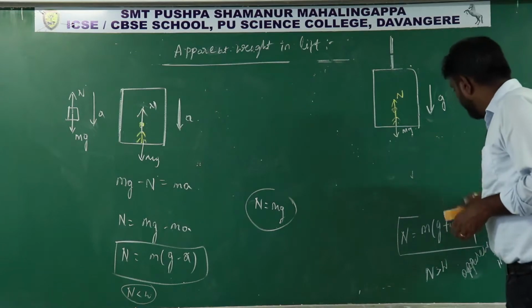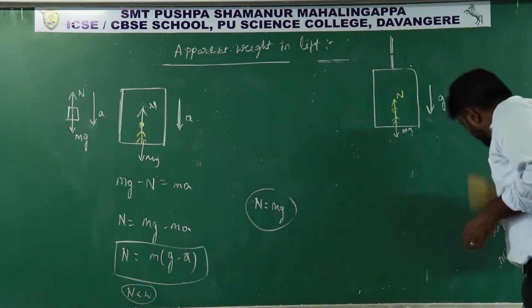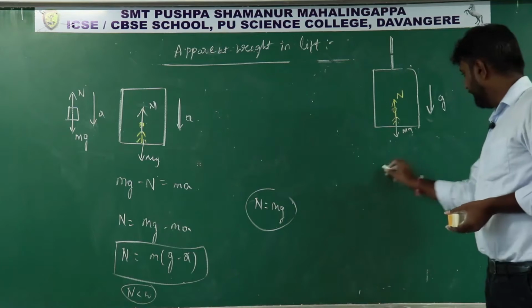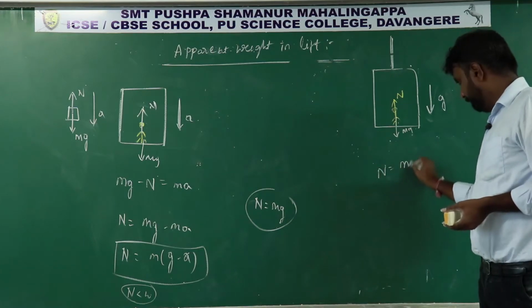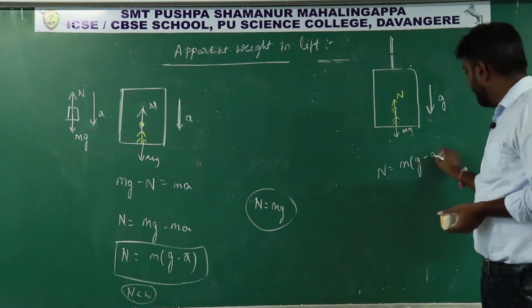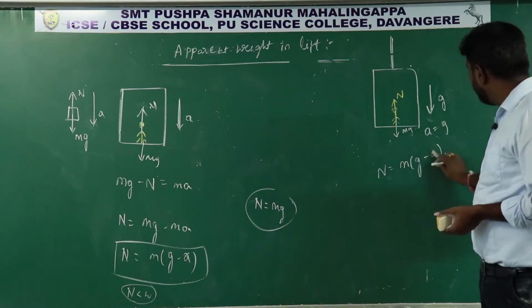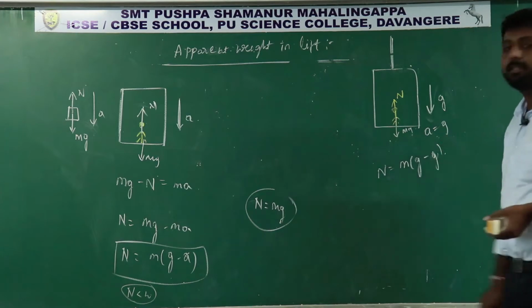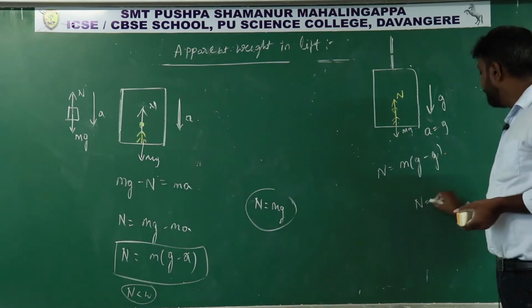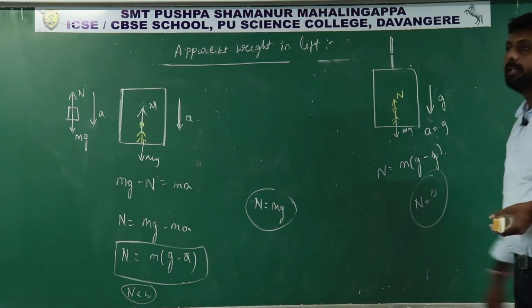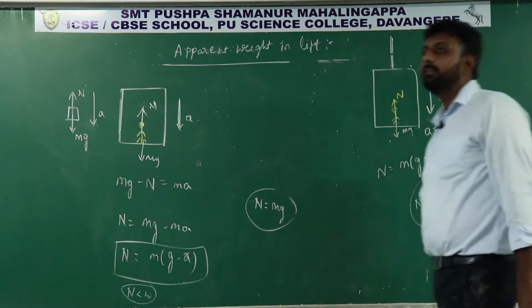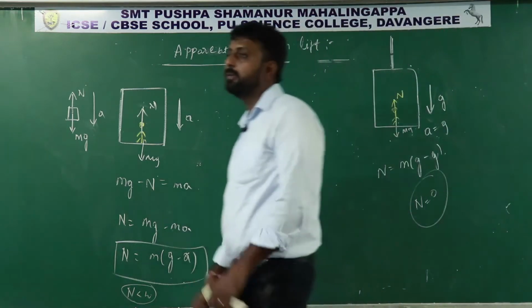In such a case, N equals m(g minus a), and a becomes g. Then N equals 0, which means the apparent weight becomes 0.